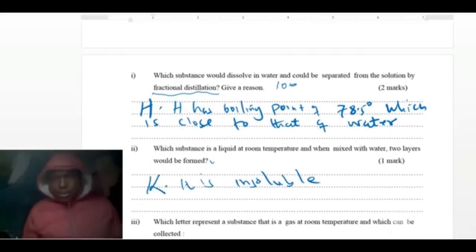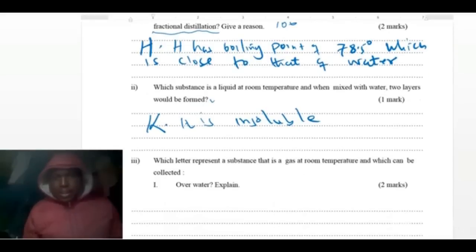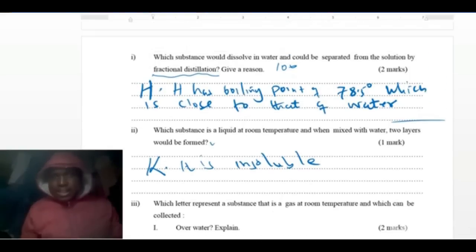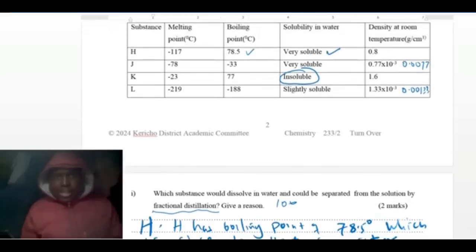Next question. Which letter represents a substance that is a gas at room temperature and which can be collected over water? A substance which should be collected by that method should be slightly soluble in water. So that is the keyword that will help you. So go back to the table and check which substance is slightly soluble in water. When you look at it, you find that L is slightly soluble in water, K is insoluble.